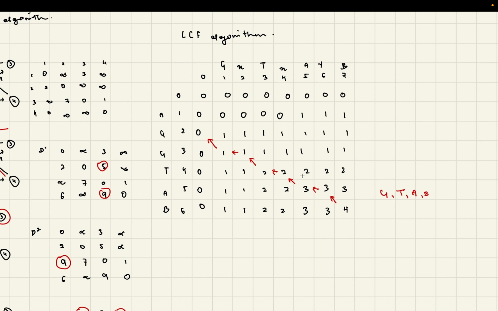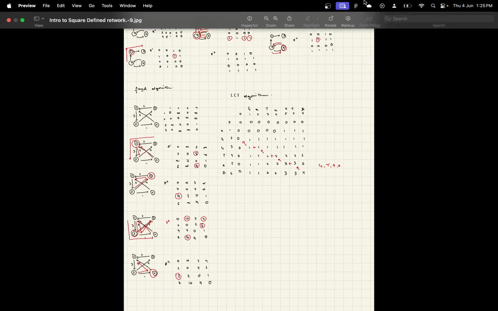This 3 comes from the 2. So we move up the table, and we pull out A, the common alphabet. And then we move until the value becomes 0. At the same time we pull out the alphabet, which is the common alphabet of the two sets of this word. So I think that's all for me. Thank you.